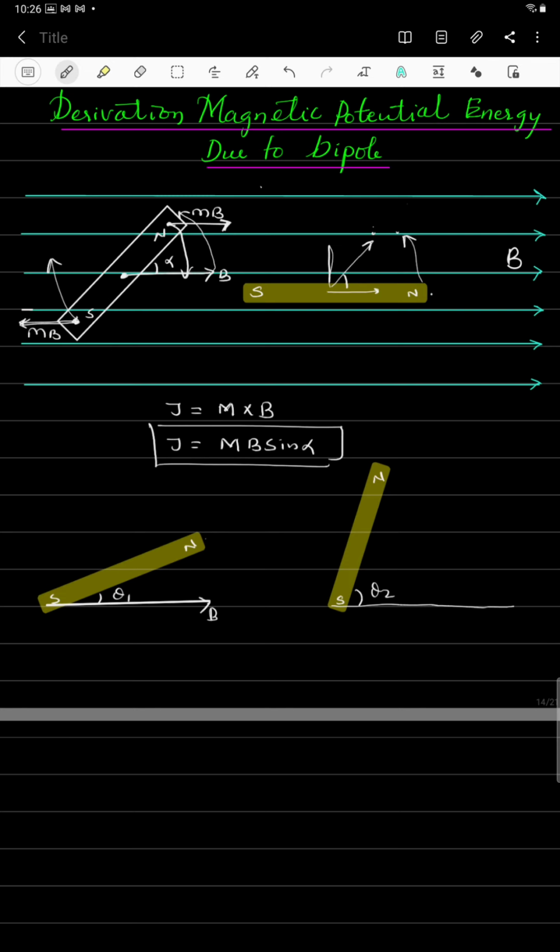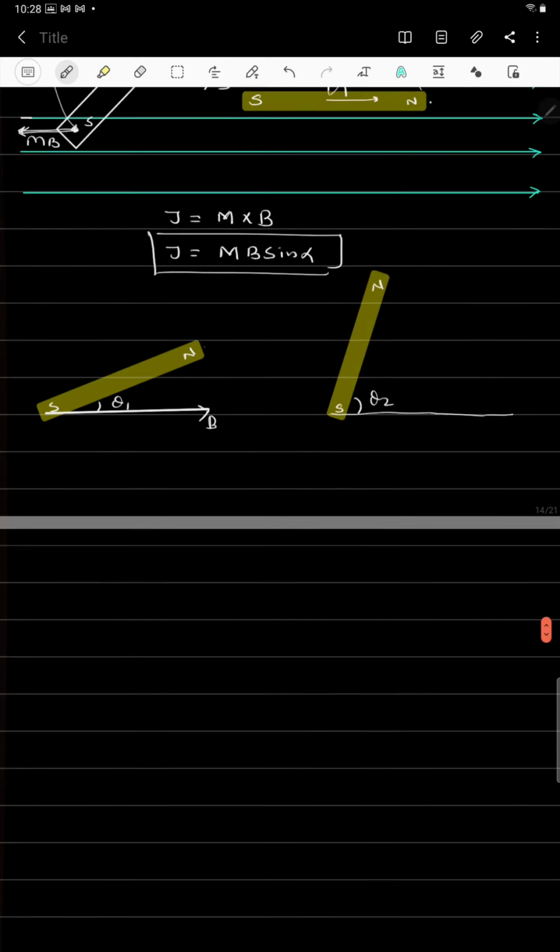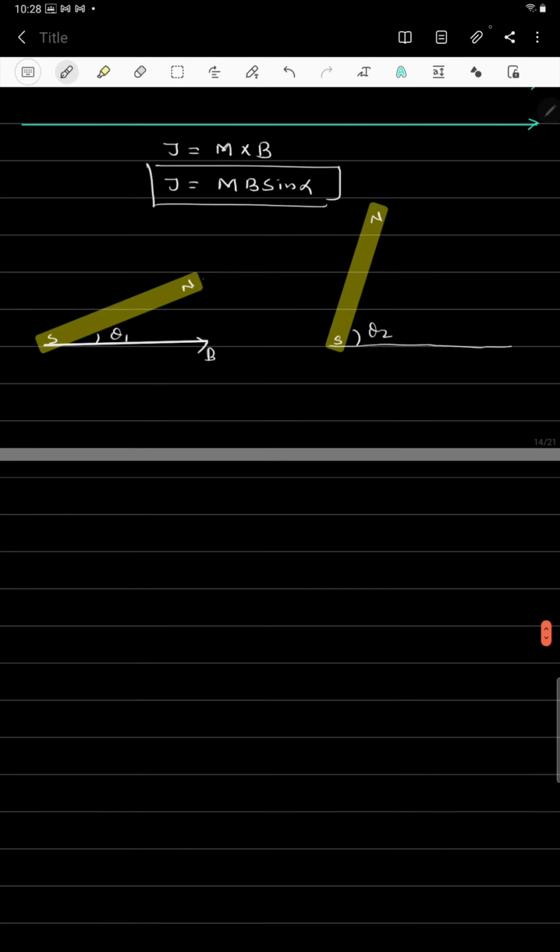It means we give a small rotation to this magnet like this, by a small delta theta.